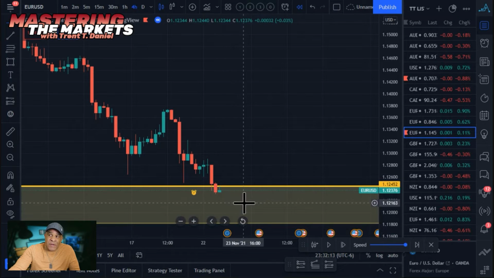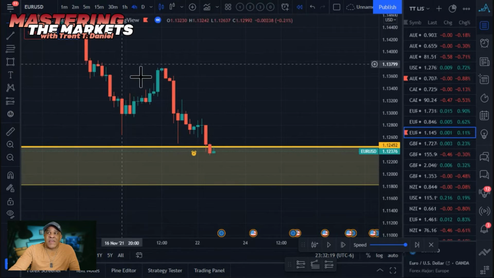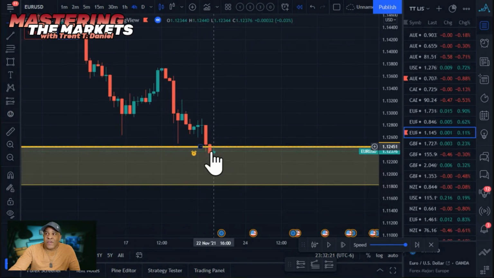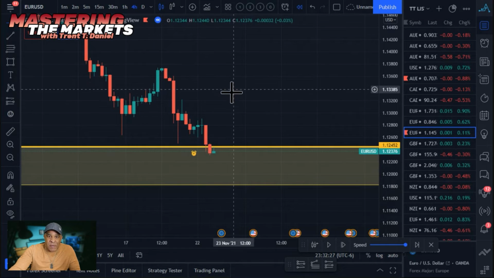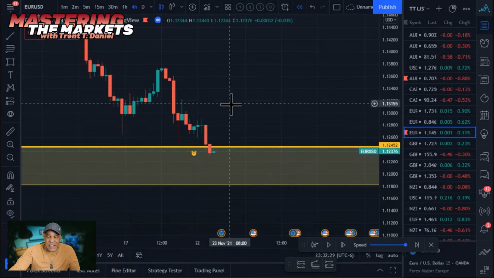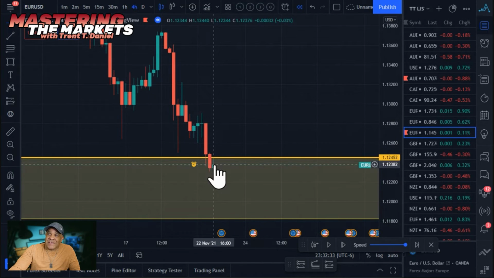Okay, I see a green bar here. And while I see a green bar, typically in my area of support, the first bar that closes green, I want to go ahead and take an order to a buy order. I want to go ahead and buy into that position. But I'm not going to do that just yet because you see this bar, and let me zoom in real quick, right?